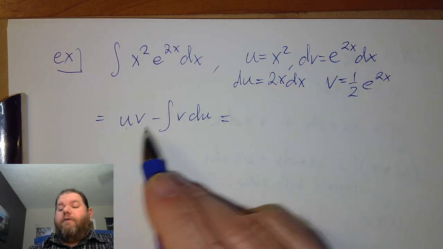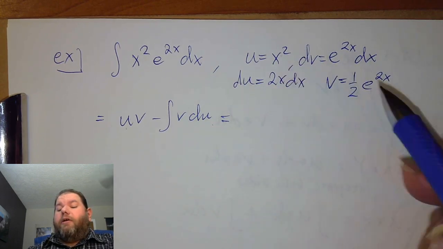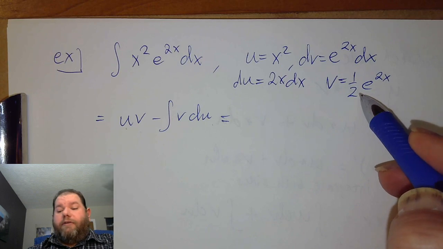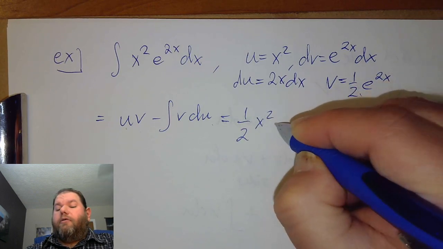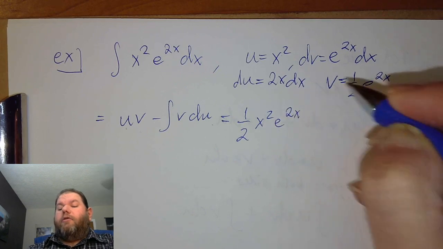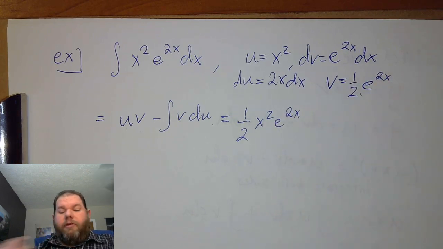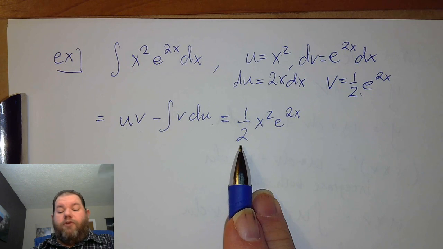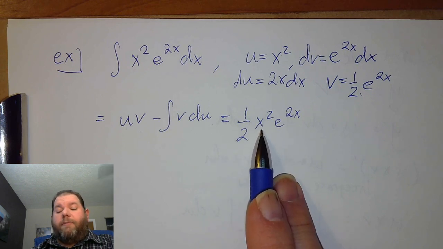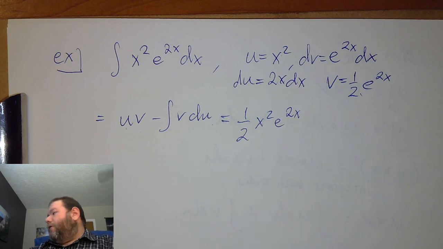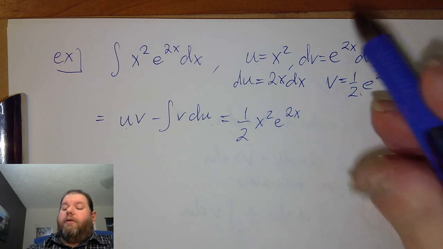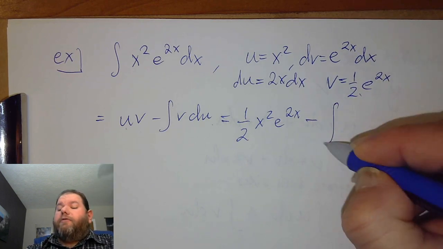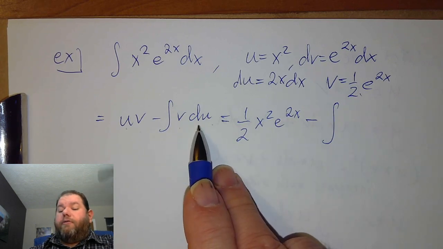So u times v is x squared times 1/2 e to the 2x. Now the order that we typically write this in is coefficient, then polynomial, then exponential. So we'll say 1/2 x squared e to the 2x minus integral, and then we have v times du.